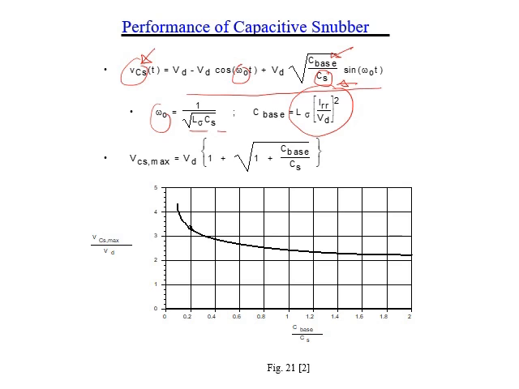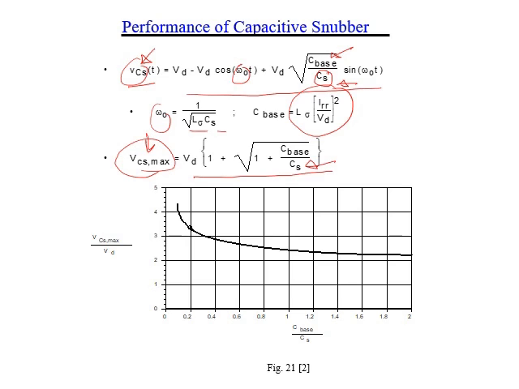If I differentiate the voltage with respect to time and equate it to zero to find the maximum, I find this formula. This formula represents the maximum voltage across the capacitor, which is the voltage across the diode. So how can I control it? By controlling the capacitor.